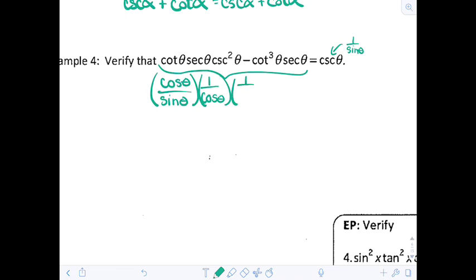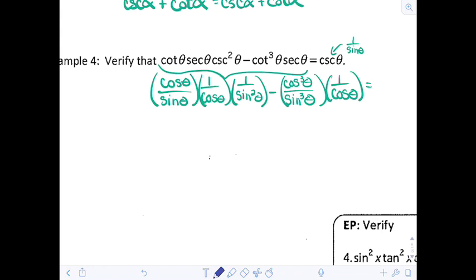Cosecant squared is 1 over sine squared theta. Minus cotangent cubed is cosine cubed theta over sine cubed theta. Then I have the secant of theta, which is 1 over cosine of theta.